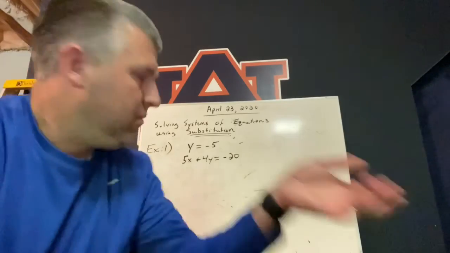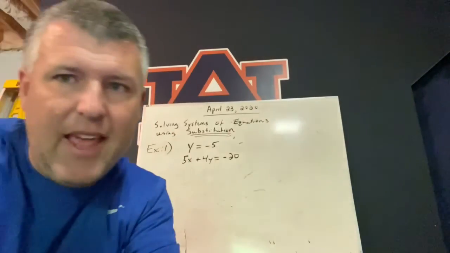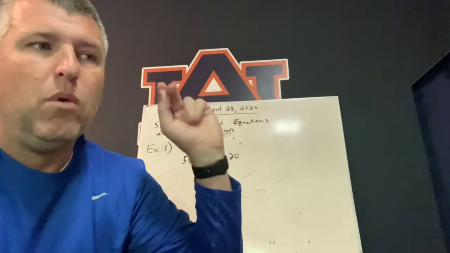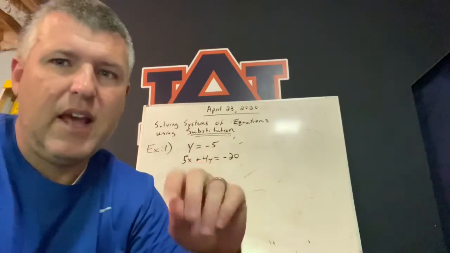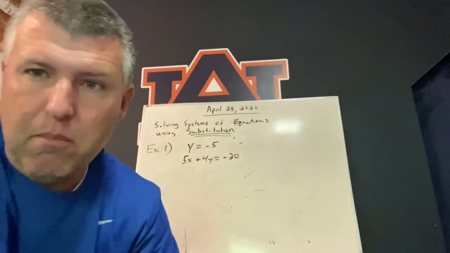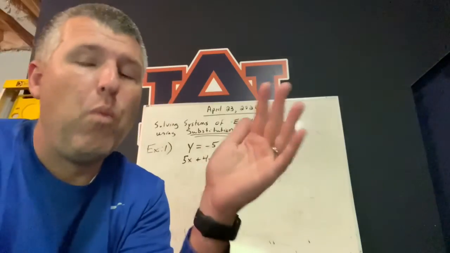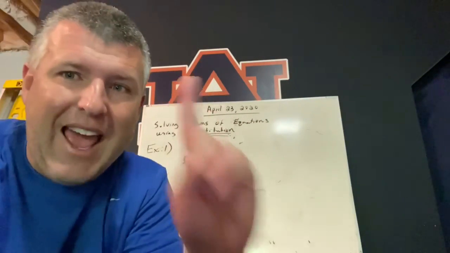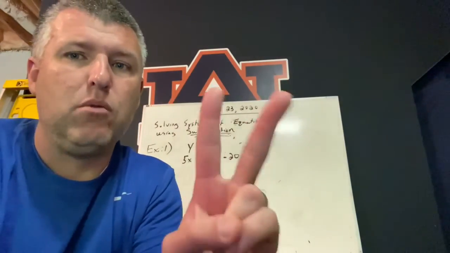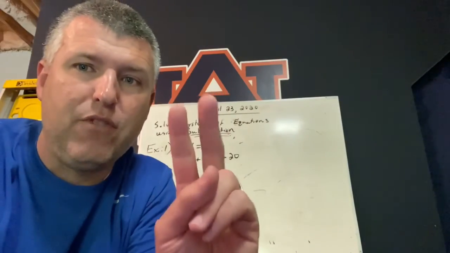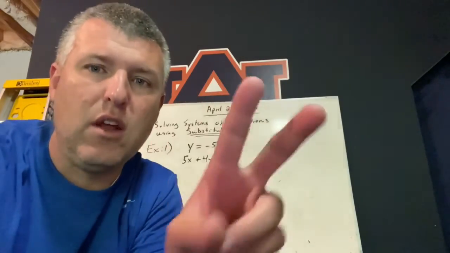Not always, but in this case they do. In theory, we'll have 2 equations, both with an x, both with a y, and both with a number. Now, we have to determine what x is equal to and what y is equal to. So you're going to have 2 answers every time, an x answer and a y answer.